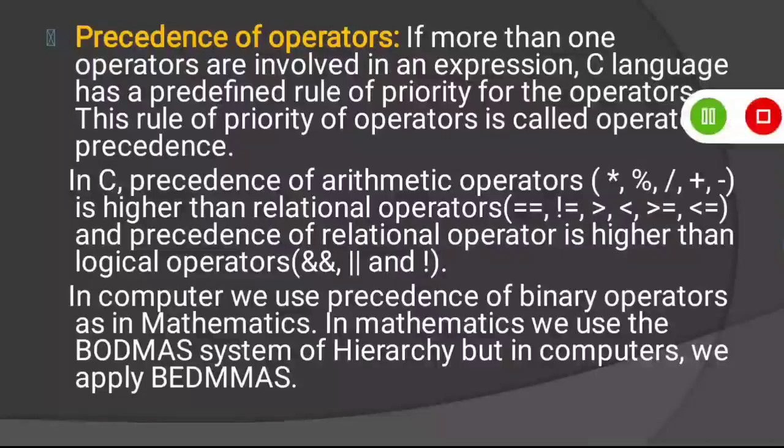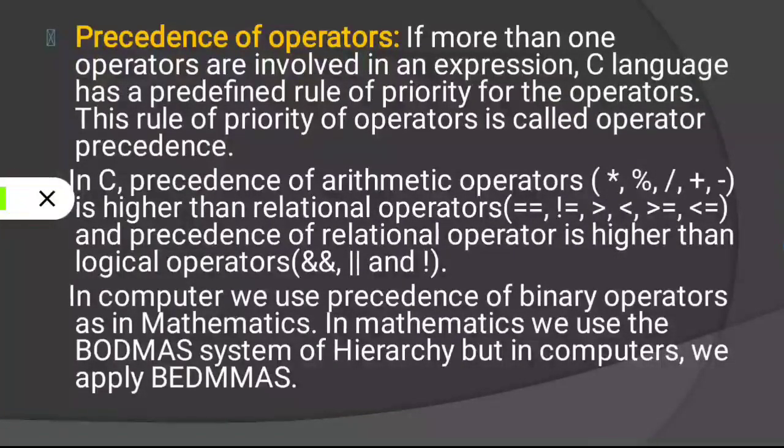Precedence of operators. If more than one operator is involved in an expression, C language has a predefined rule of priority for the operators. This rule of priority of operators is called operator precedence.